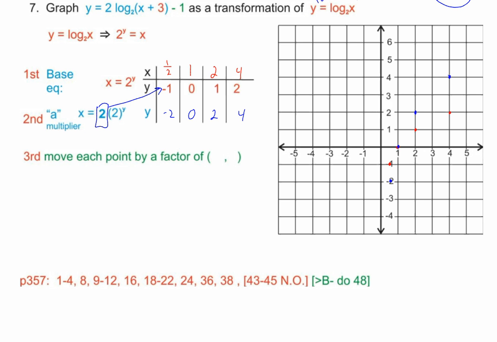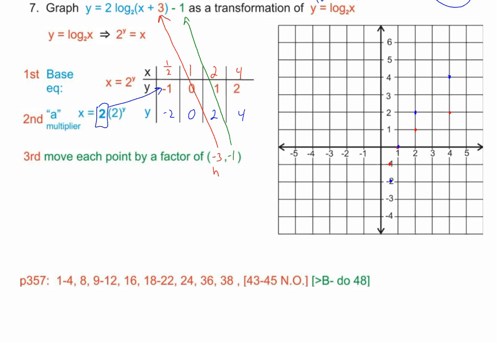And now we have to work off of the third step: move each point by h and k. What's the value of h? Look, we've learned this. Go back to the parent function. What is h? Negative 3. And what is k? Negative 1.